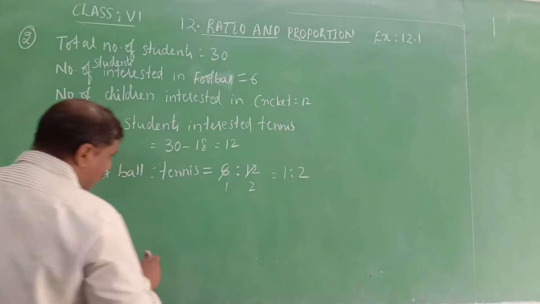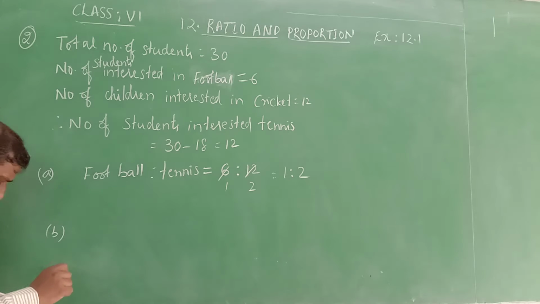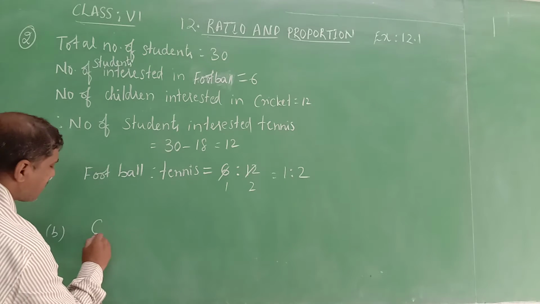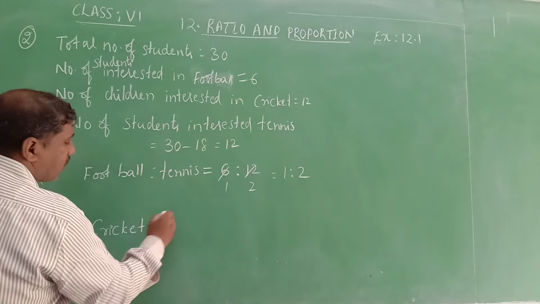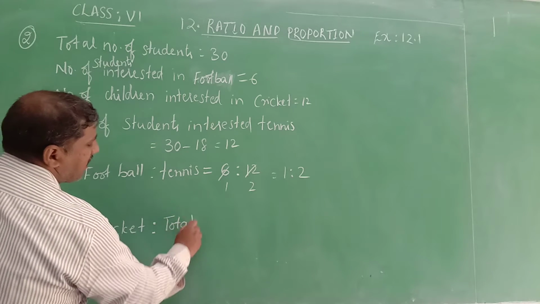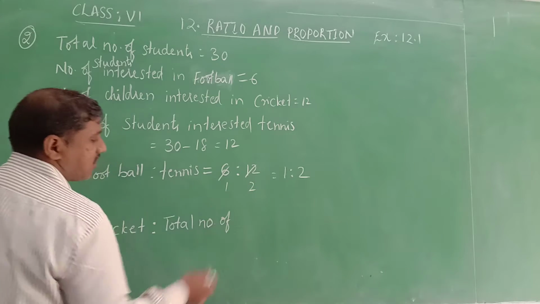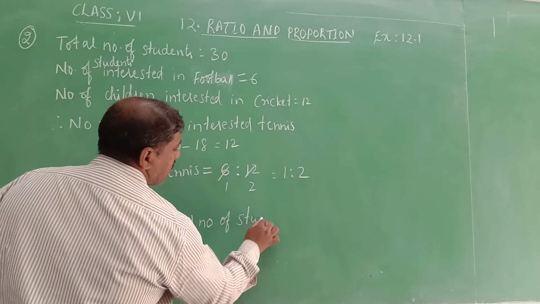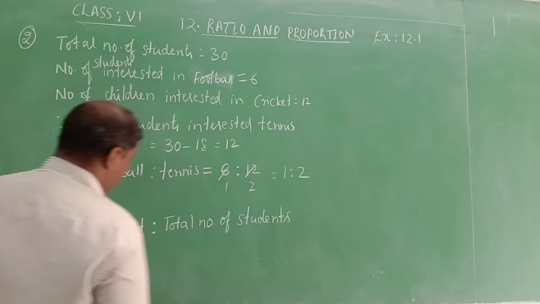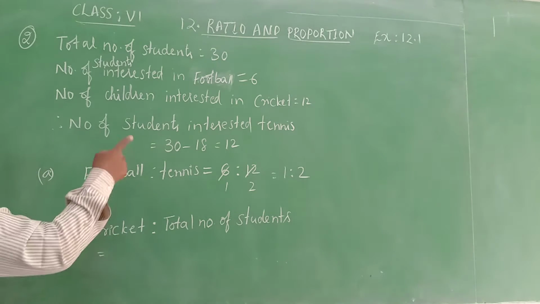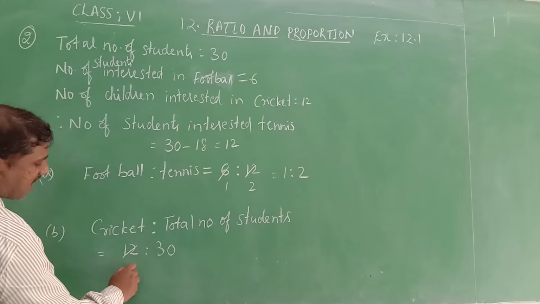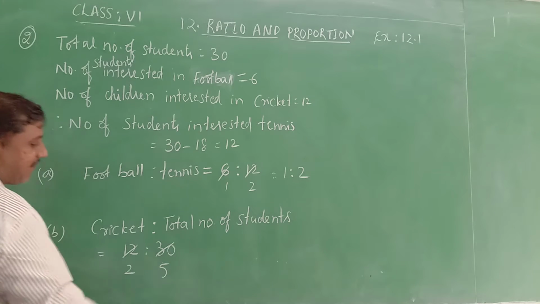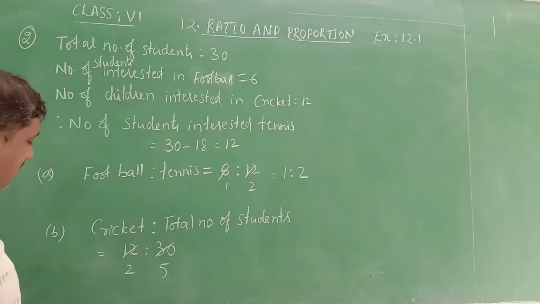Cricket to the total number of students. 12 is to 30. 6 twos are 12 and 6 fives are 30.